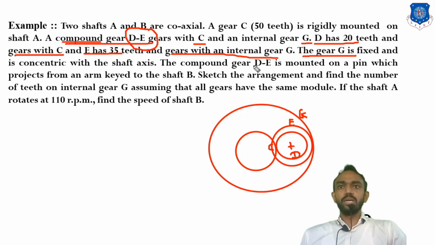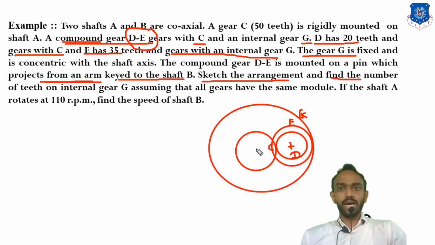The compound gear D is mounted on a pin which projects from the arm, which is keyed to shaft B. Sketch the arrangement and find the number.